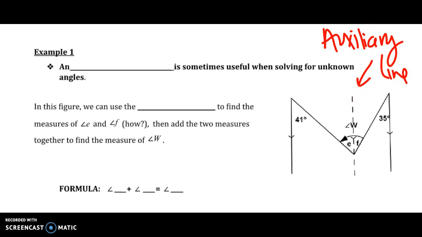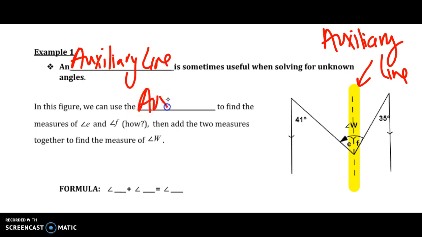So sometimes an auxiliary line is useful when solving for unknown angles. In this figure we can use the auxiliary line to find the measures of angle E and angle F. How? Well, we'll go over that in a second.